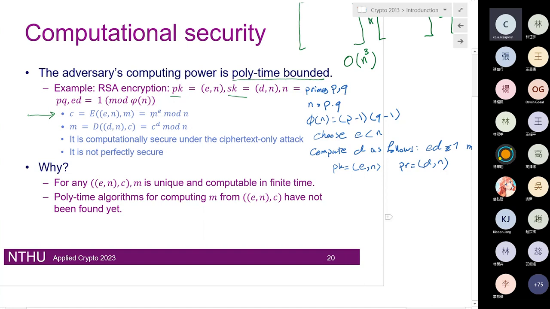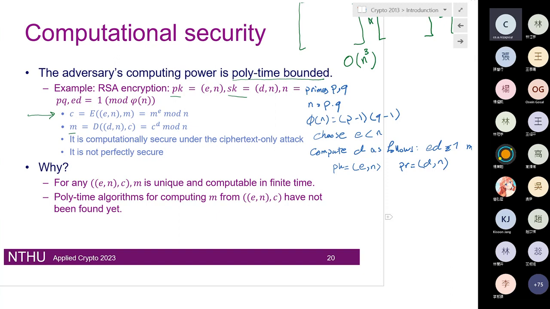So whatever m to the power e divided by n, this mod n returns the remainder of this division. And then the decryption would work in the opposite way. We get the ciphertext and d and n, and we raise the ciphertext to the power d, mod n, and then we would get our original m back. So this is how encryption and decryption would work.